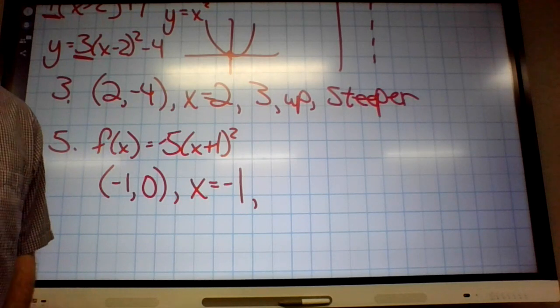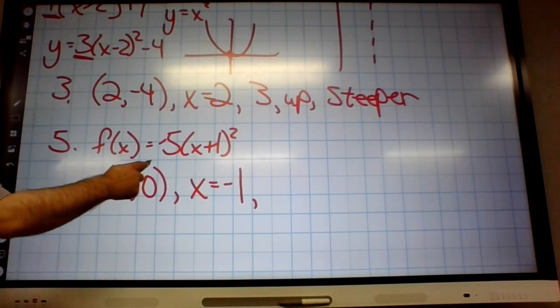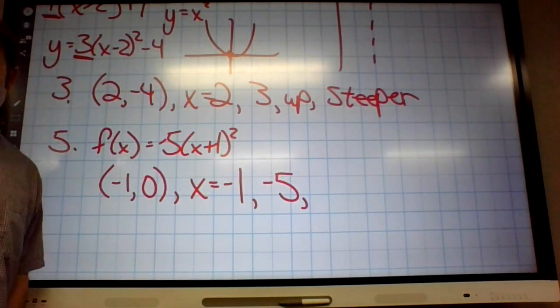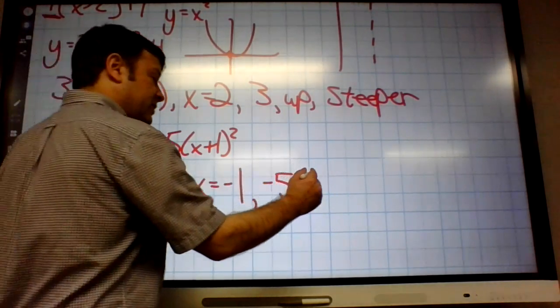Okay, Avery, what's the value of A? -5, the number in front. And Manny, is it going to open up or down? Down, because of the negative on the front.